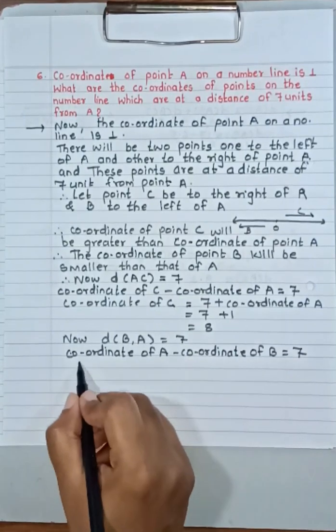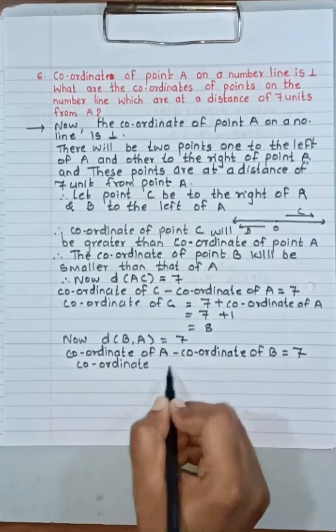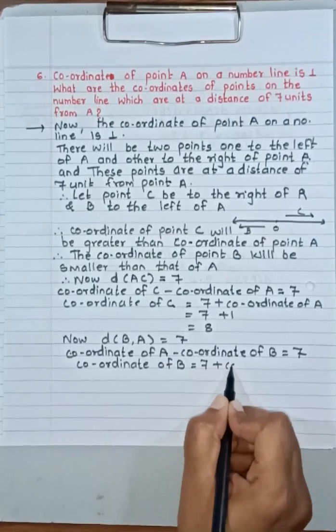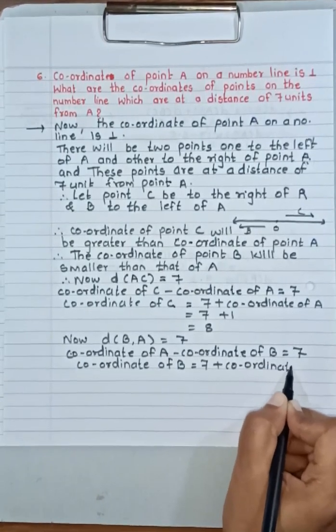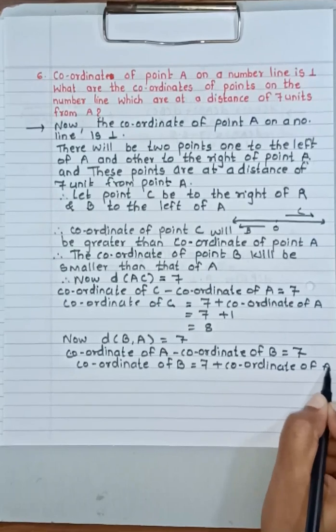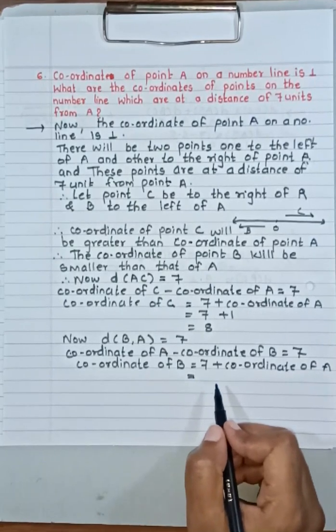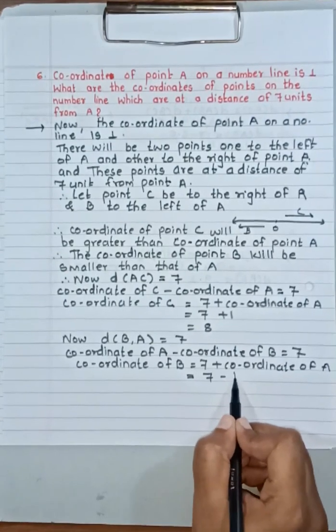Therefore coordinate of B is equal to 7 plus coordinate of A. That is how much? 7 minus 1.